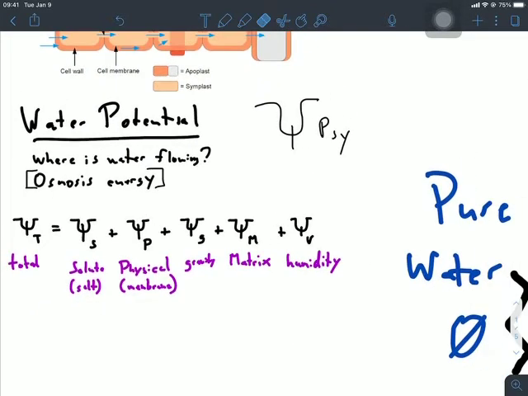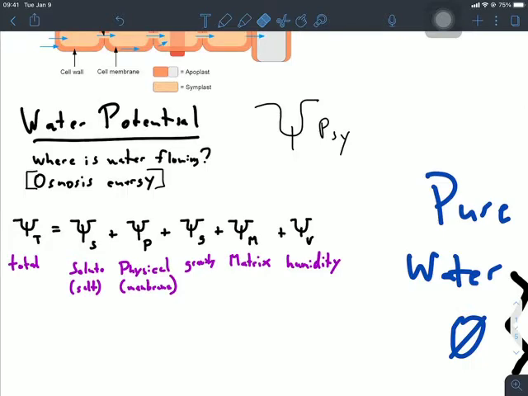But the last one is humidity, psi V. And humidity basically measures the amount of water in the air as it's not dissolved, because the amount of water in the air will impact the amount of water that's kept in a liquid form within cells. Because humidity always does have a pull or a push on water within the cells.